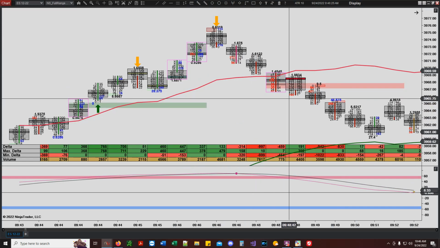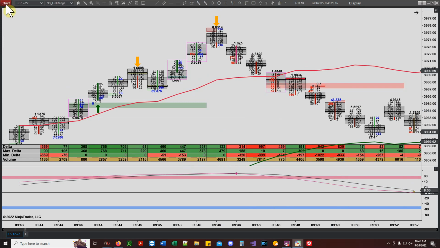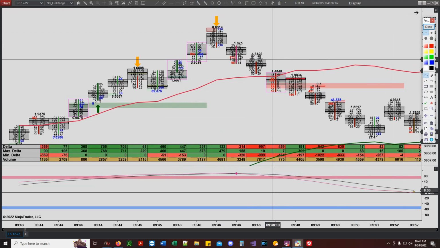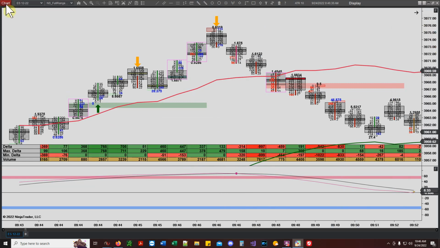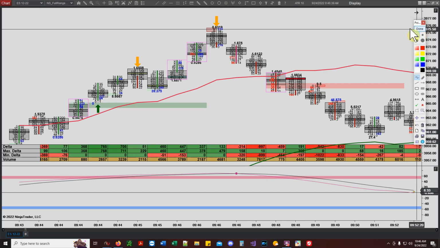For some of you that are not getting this order flow, understand what I am seeing and how it coincides with these two indicators that I'm looking at here.